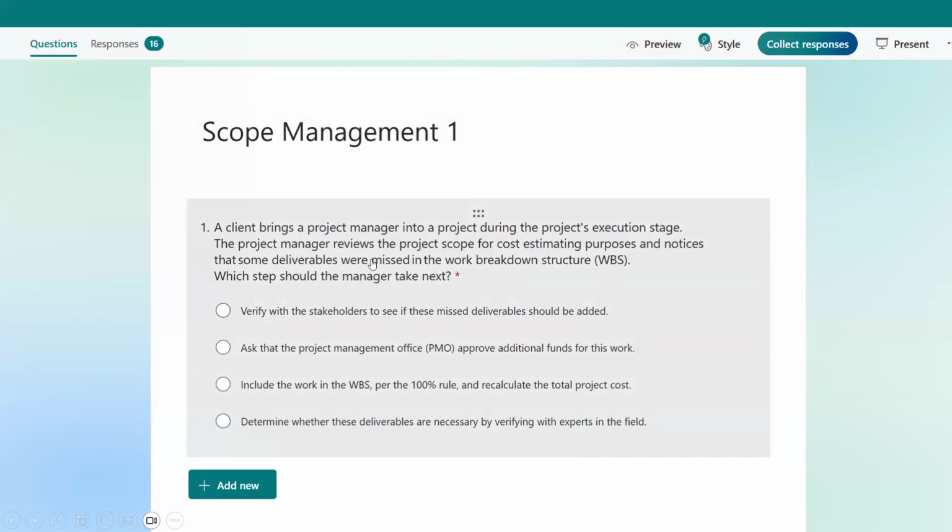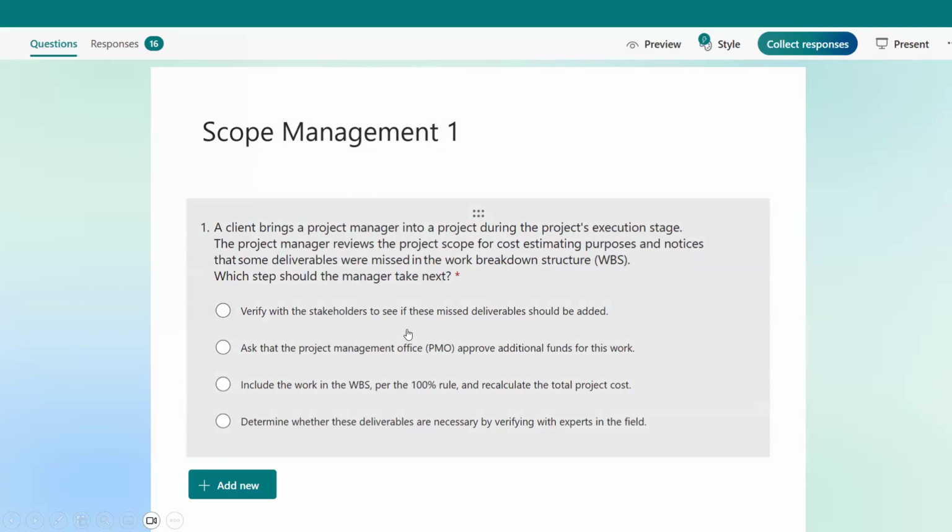The project manager reviews the project scope for cost estimating purposes and notices that some deliverables were missed in the WBS. Which step should the project manager take next? Okay, some deliverables are missing. So it is the execution stage, and the scope is reviewed for estimating purposes.